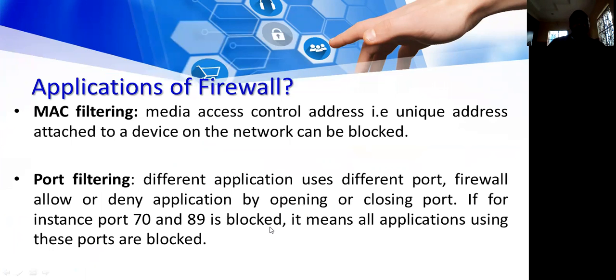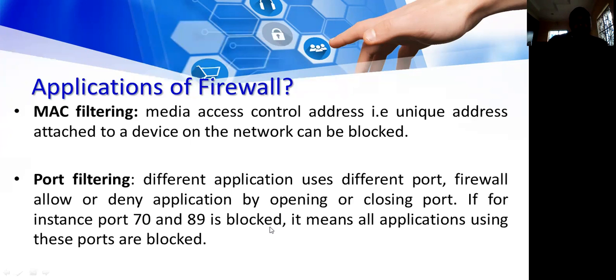The physical address filtering. You know that all devices on the network have their own unique address attached to them, and that's what is called the media access control address. The MAC address is unique to each of the LAN cards that you use. In fact, it is basically attached to the LAN card.